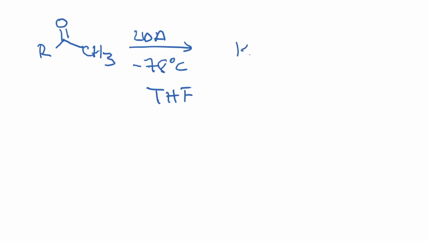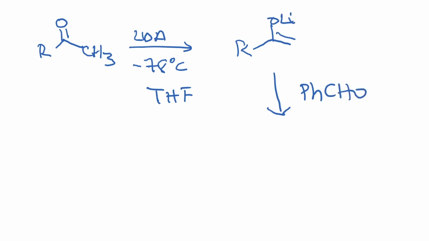So this gives us the enolate, right? And then the next step is when we add the aldehyde. For example, we add benzaldehyde, and the product that we get would be, okay. So this is an example of the enolate that is produced using LDA.